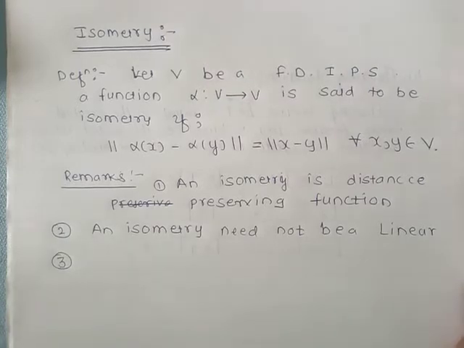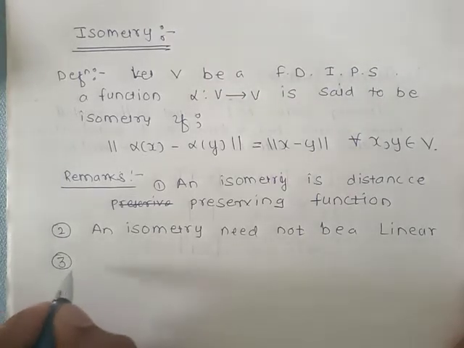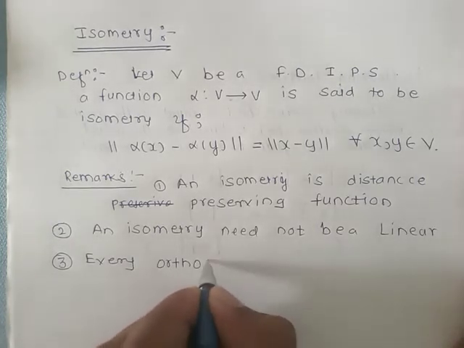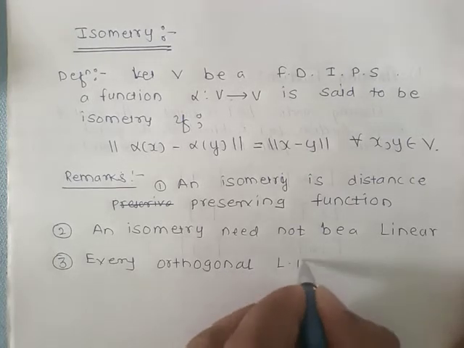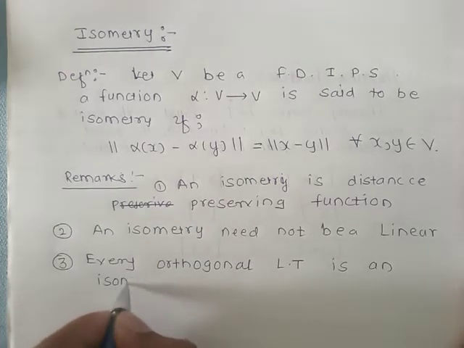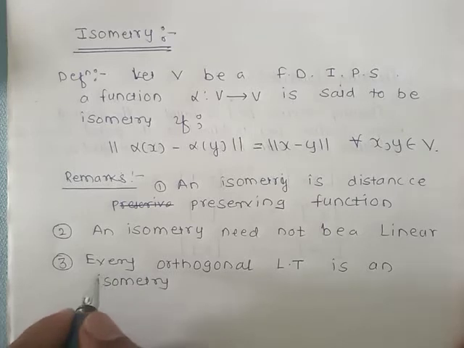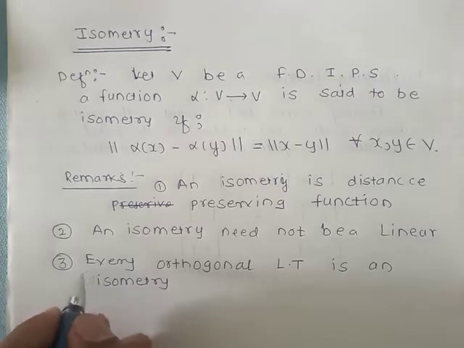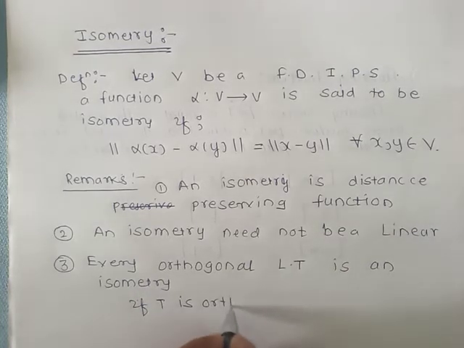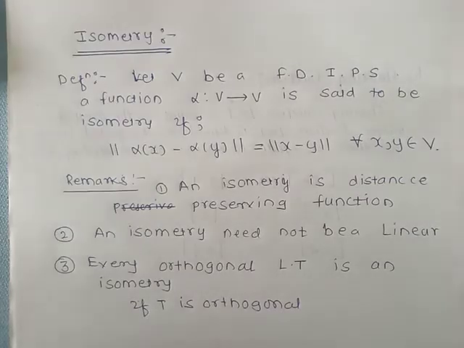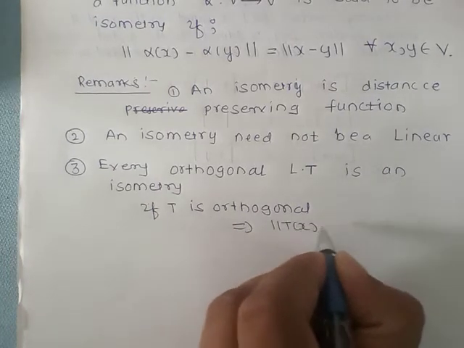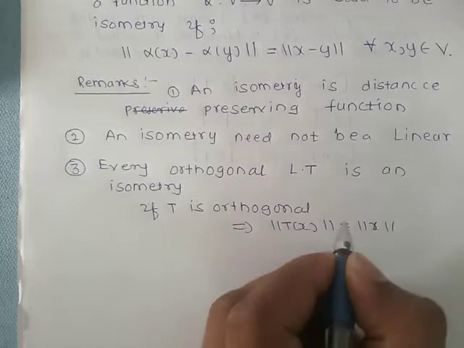Third one, every orthogonal linear transformation is an isometry, because if T is orthogonal, this implies norm of Tx is equal to norm of x.